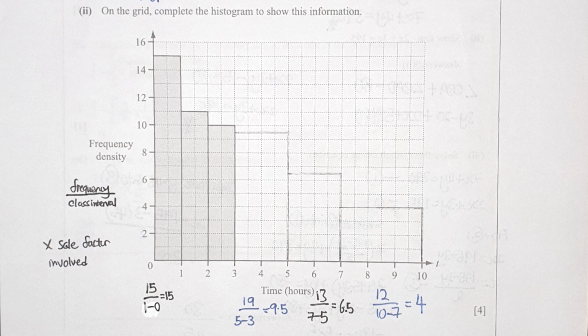You can run the calculation for the following group between 3 to 5: 19 divided by 2 is 9.5. For the next group, 5 to 7, you take 13 divided by 2, you will get 6.5. And for the last one, 12 divided by 3 equals 4.